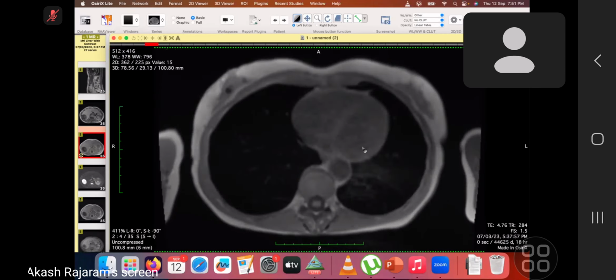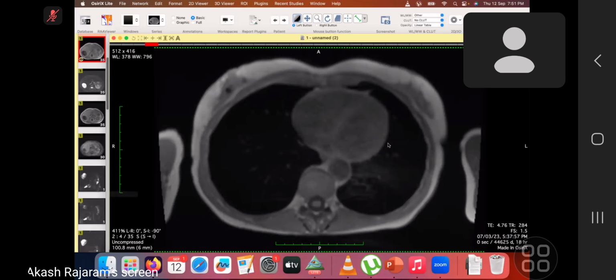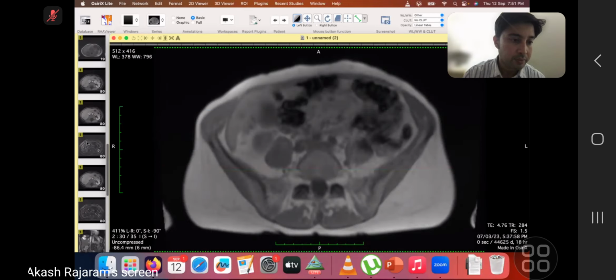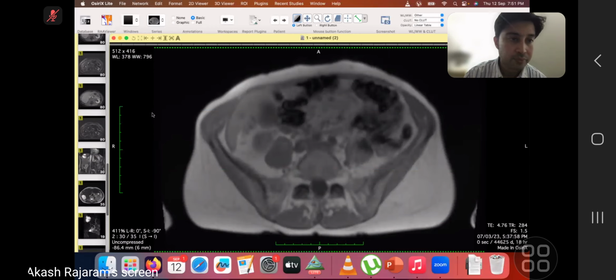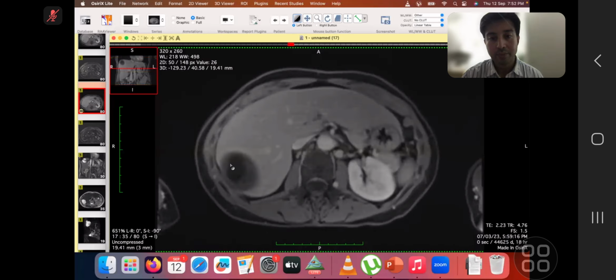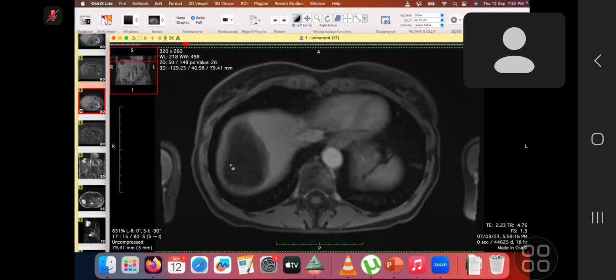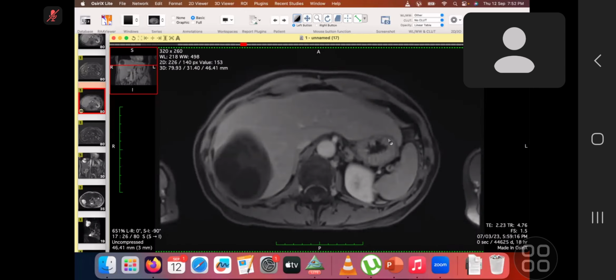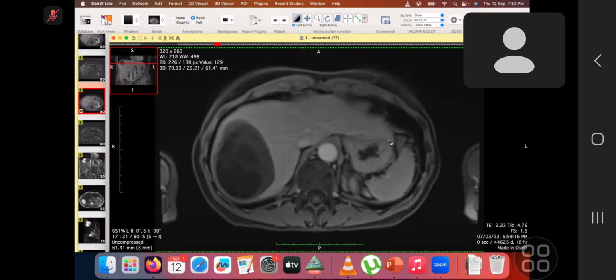Can I see the post-contrast images for the same patient? The right lobe lesion does not demonstrate any post-contrast enhancement.